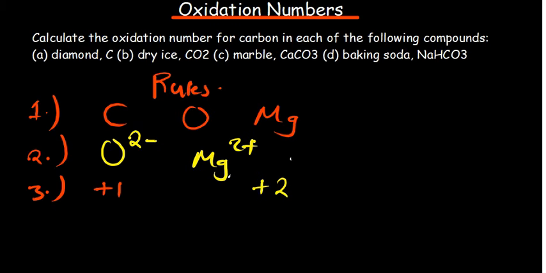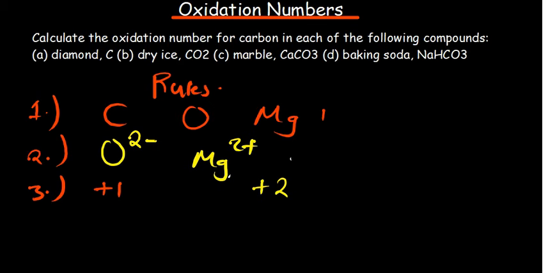So don't mix up number 1 with number 2 or number 3. Number 1 deals with an element existing without any charge. Number 2 is talking about ions with their charges. Number 3 is talking about them existing in a compound. Group 1 will have positive 1, group 2 metals will have positive 2.